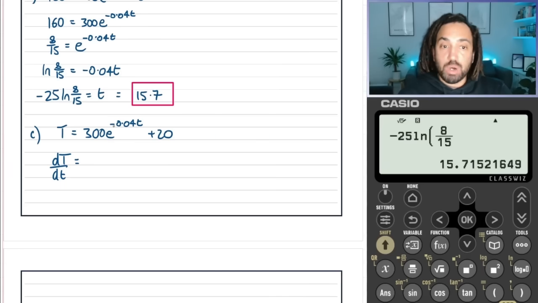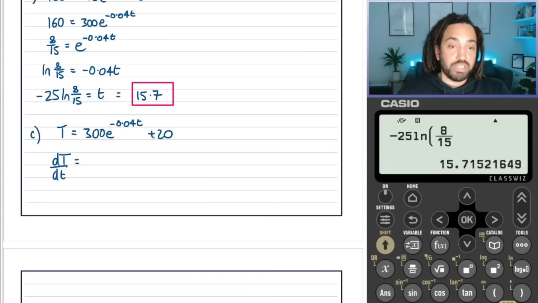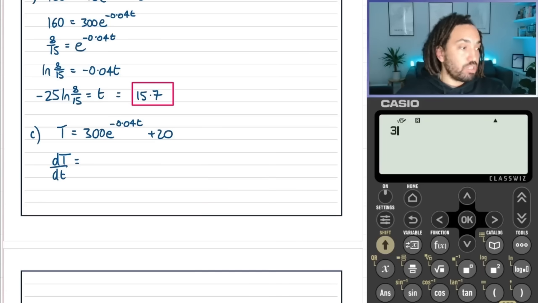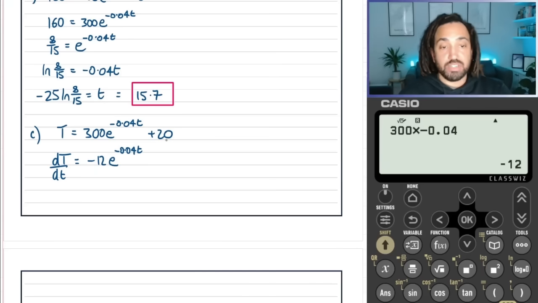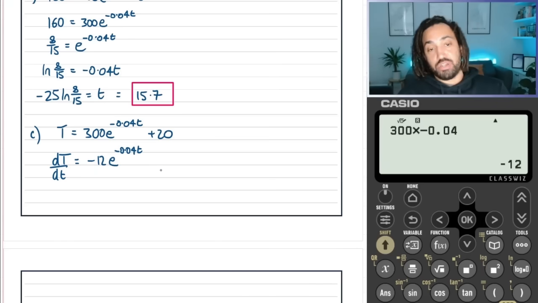So multiplying through by minus 0.04. So we take our 300 and we need to multiply by minus 0.04. And that gives us minus 12. So it becomes minus 12 e to the minus 0.04t. And then the 20, that's going to go to 0.